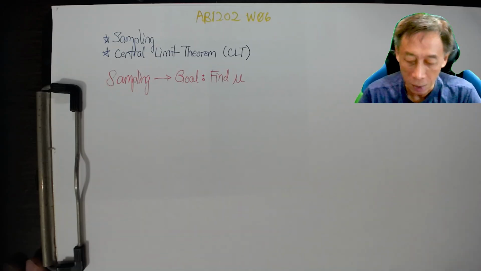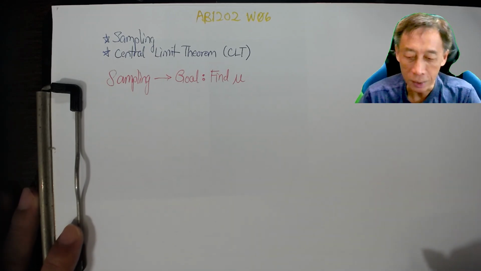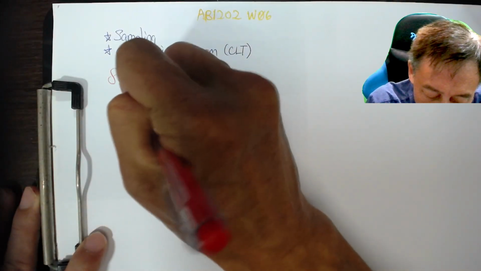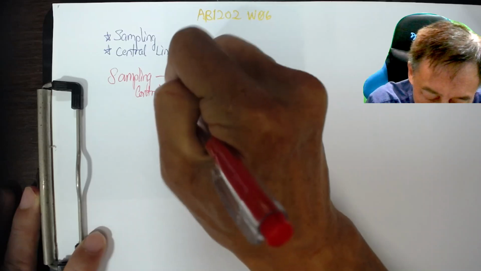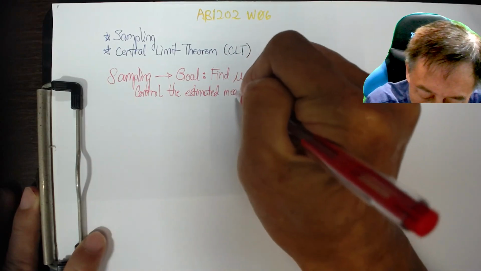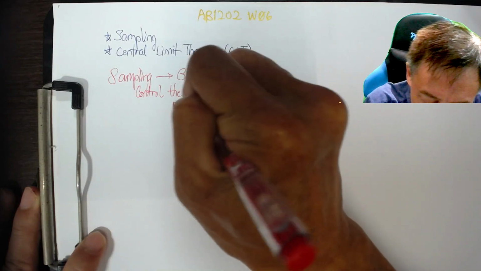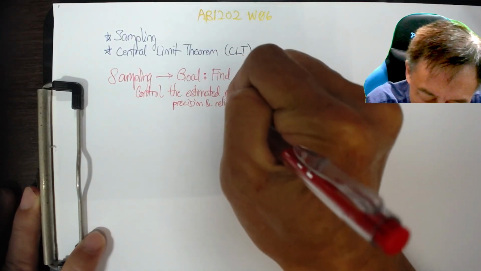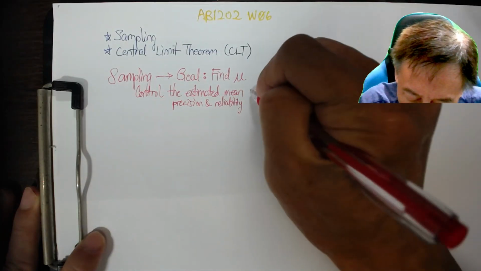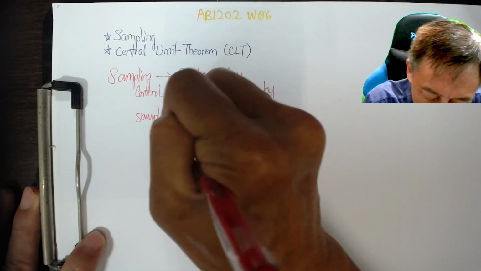And translated into statistical speak, that's our sample size. So first things first, the goal is to find mu. And the next associated notion is that we control the precision and reliability of the estimated mean x bar by sample size n.